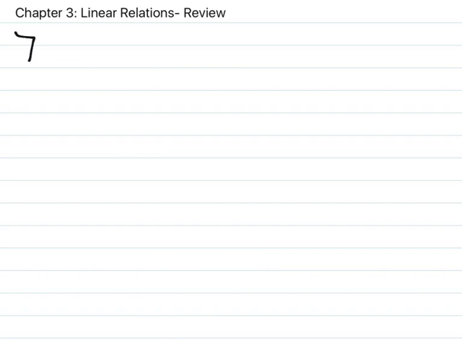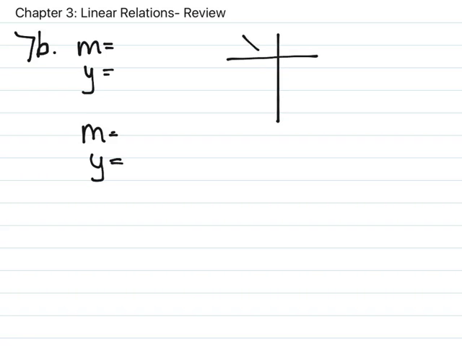For 7b, again, you're asked the same question. You're going to want to find your slopes and your y-intercepts. You're going to have your table of values, your x and your y. I'm going to use the first 2 again. So you have 0 and 10, 1 and 7. So you've gone from 10 to 7, so it's decreasing.